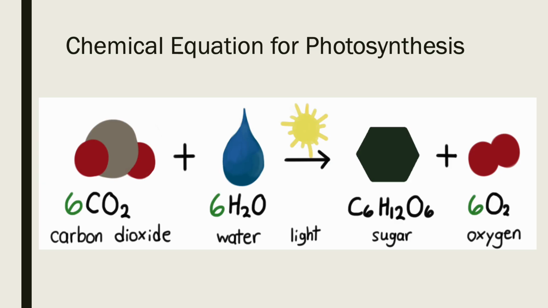And if you recall the cellular respiration equation, if you essentially reverse the arrow and add in some ATP and eliminate the sunlight, that is the chemical equation for cellular respiration. So again, we really are seeing how these two processes mirror one another.